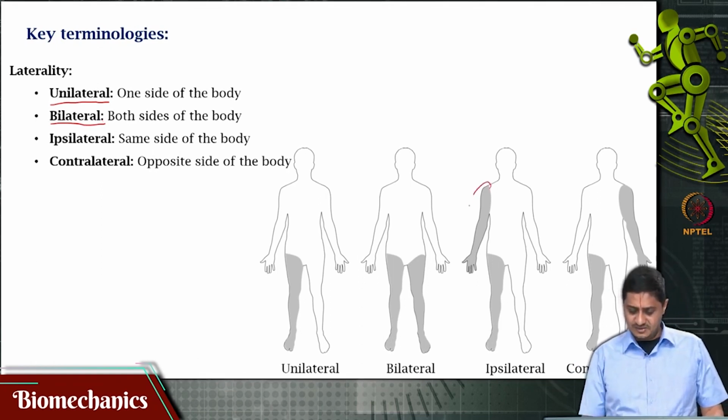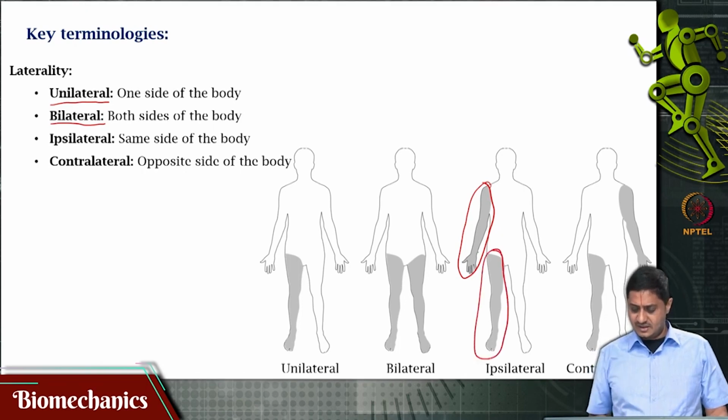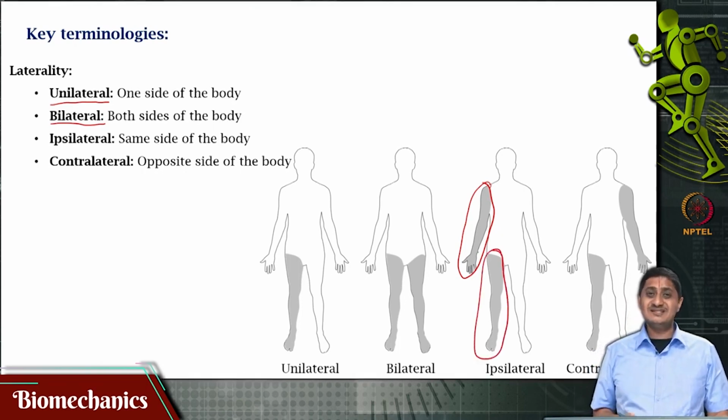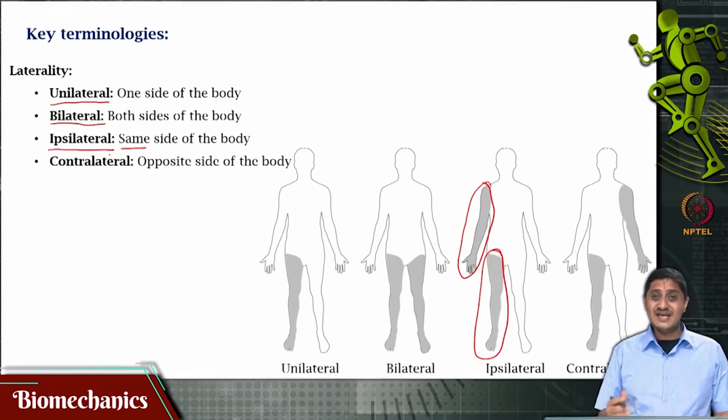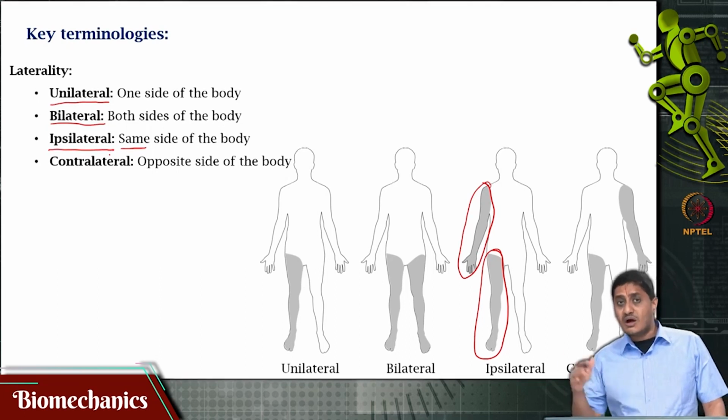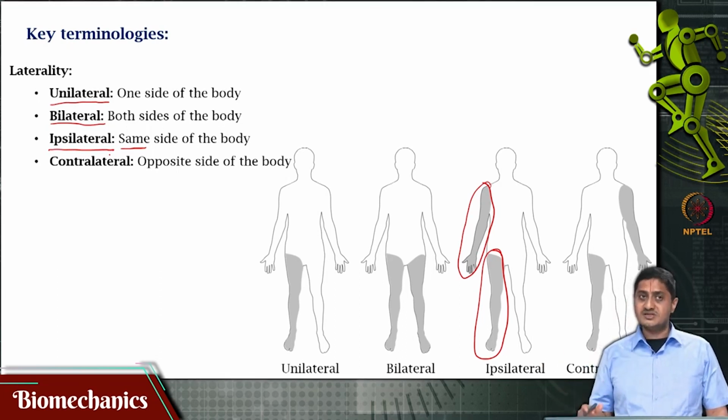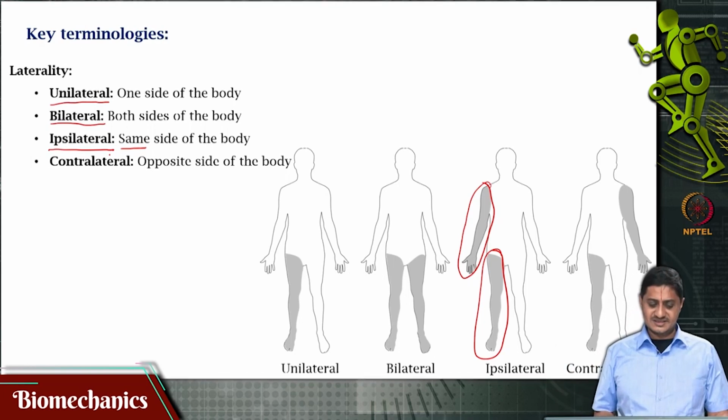Ipsilateral means something that is happening on the same side of the body. For example, the right arm and the right leg are ipsilateral. Ipsi means the same side. Ipsilateral means same side. Contralateral means, contra means on the opposite side, lateral means side.